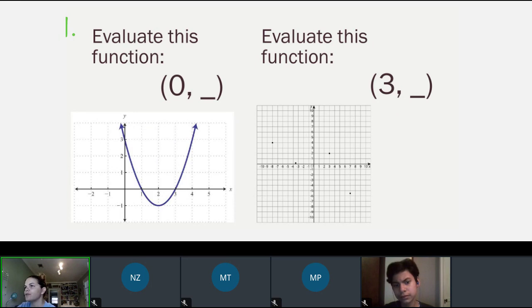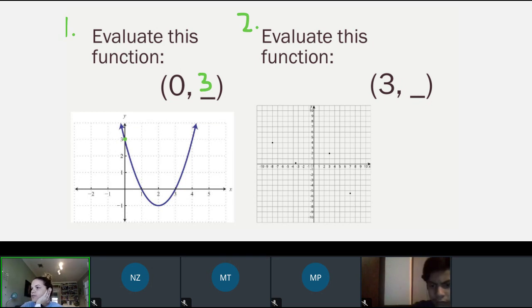So write out your ordered pair for number 1 and number 2. Good. Okay, so we're going to have exactly 0, 3, and 3, 2. Very good.